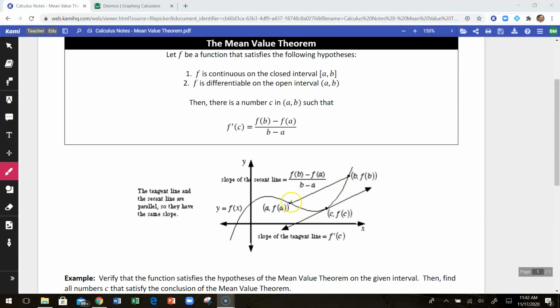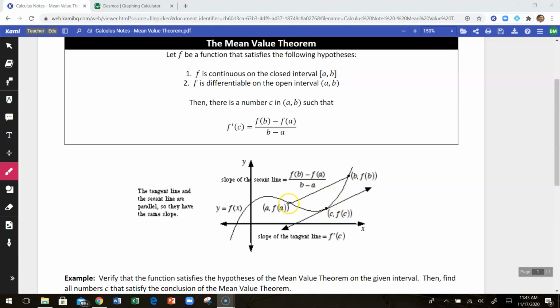If I connect those two points with a line, whatever the slope of that line is, I can find some c value between a and b where the slope of the tangent line there is the same as the slope of the line connecting those two endpoints, which means those two lines will be parallel, right? So this line segment and this tangent line are parallel because the slopes are the same.